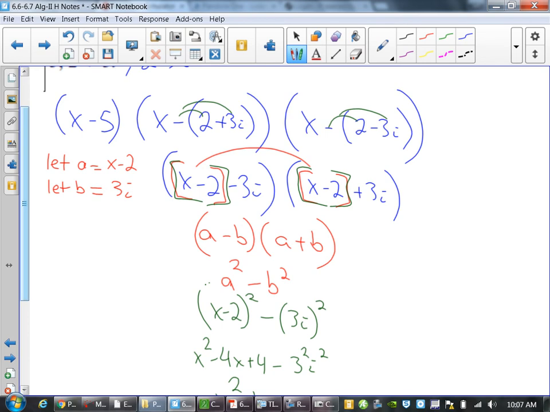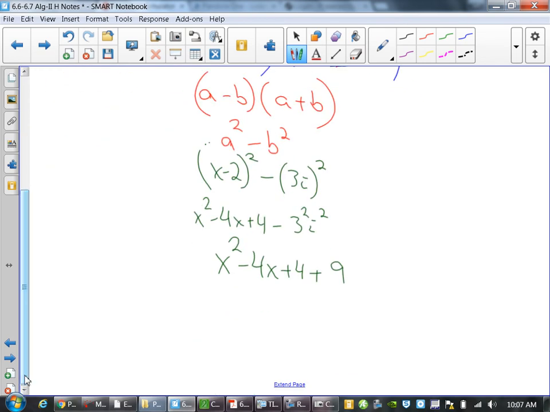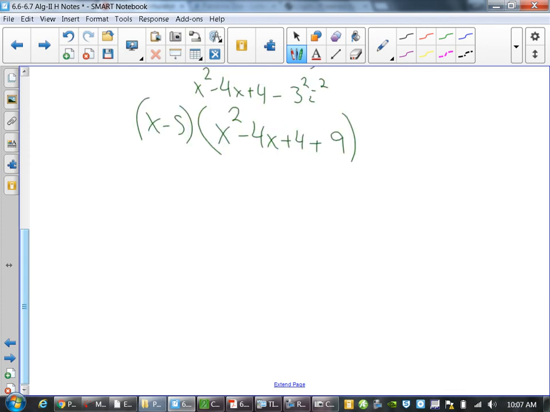Okay. So we still have that x minus 5 up there. We still have to multiply all this by x minus 5. Yeah, it'll be a plus 13 here. So it'll be x minus 5 times x squared minus 4x plus 13.